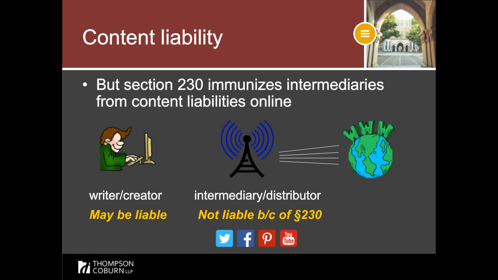there's another little twist beyond that. In exempting the intermediaries from liability, Congress also said we're also exempting them from liability if they edit or try to control things. So they don't have to automatically post everything that goes up. They have what we call the Good Samaritan exemption.